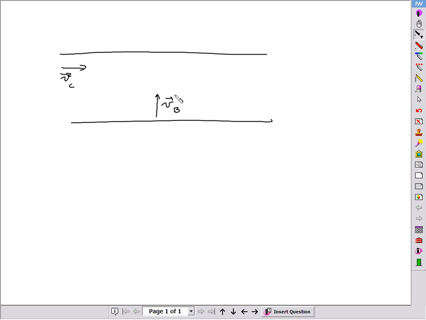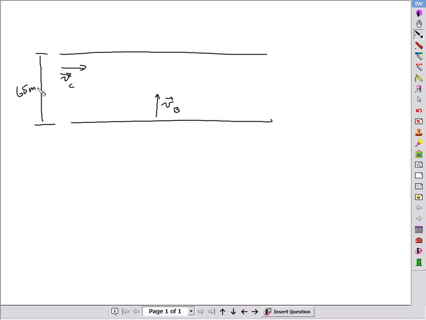Now, what we'd like to calculate is the actual speed of the boat as it crosses the river. Let us suppose that the river is 65 meters wide. So how fast will the boat actually be moving across the river?